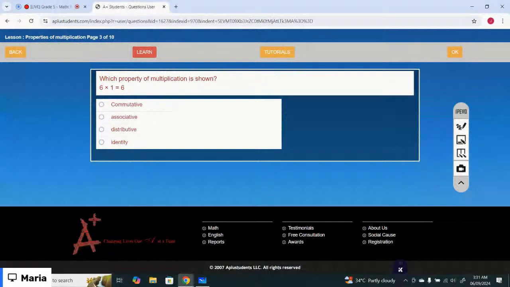Whenever you have 1 involved, that is the identity, because when you multiply any number by 1, the number stays the same. So the correct option is identity.